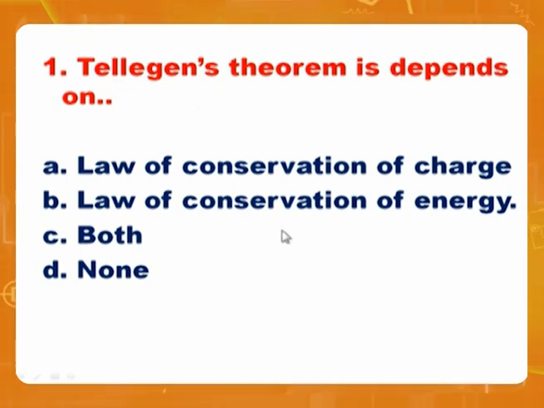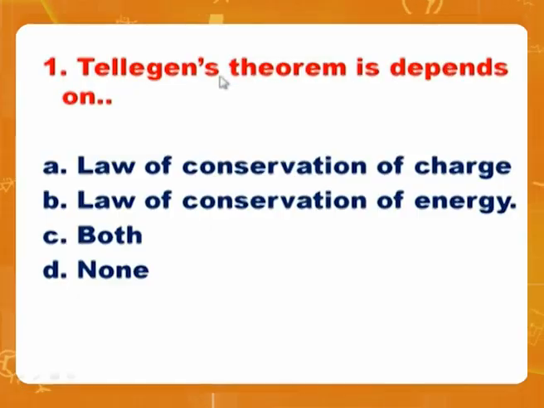See, questions are always of two types: concept-based questions and calculation-based questions. Tellegen's theorem depends on the law of conservation of charge, the law of conservation of energy, both, or none. As we just studied, the only condition is that Kirchhoff's laws must be satisfied.